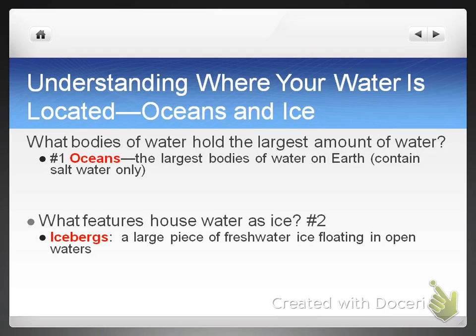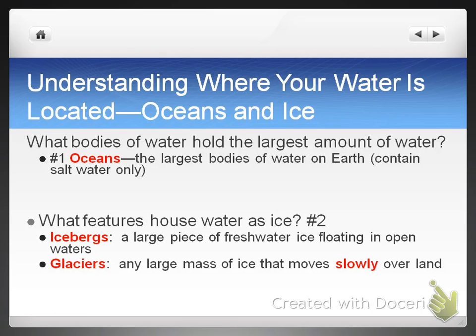Ice is number 2, and glaciers and icebergs are where most of the ice is located. And then there are some areas like in Antarctica and the tundra of northern Russia where there is permanent snow, areas that house water in the form of ice.